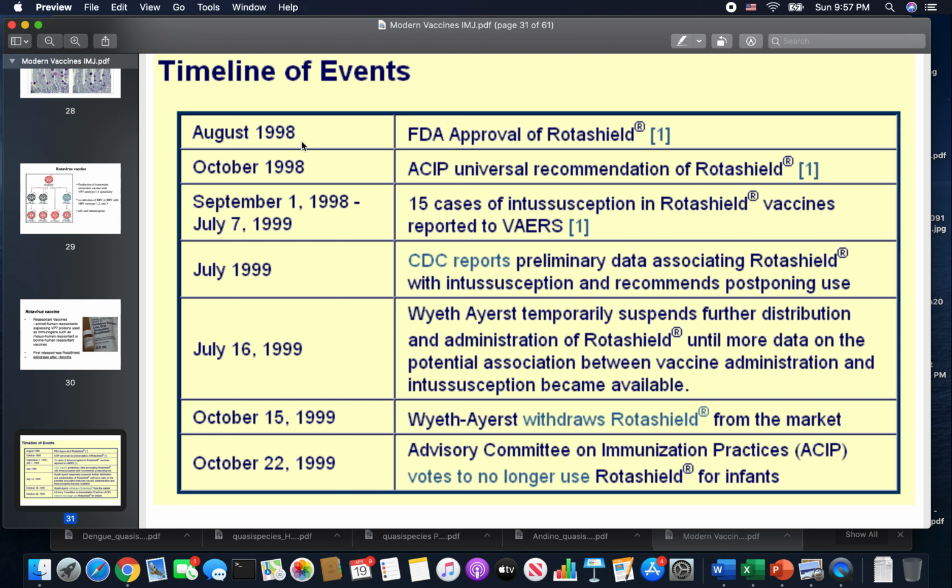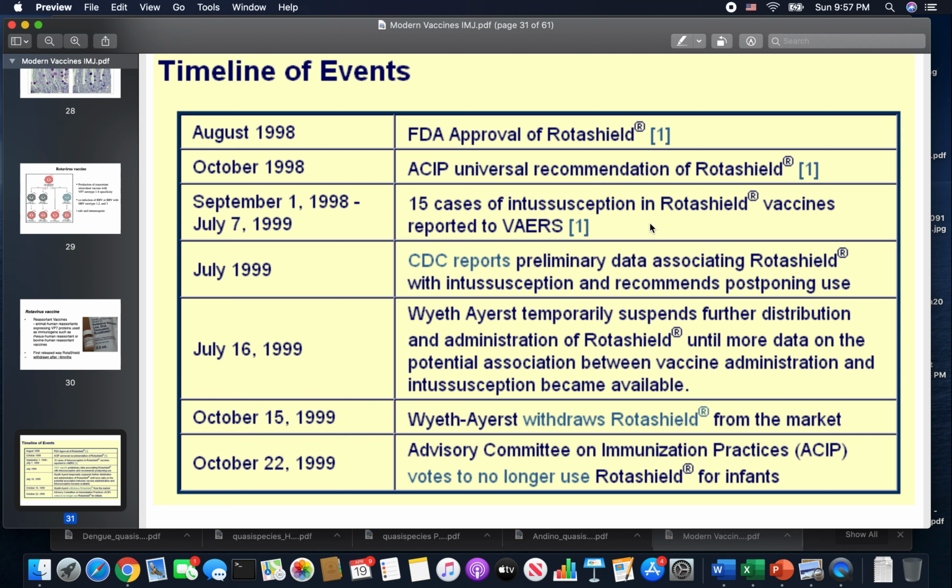Over the first few months of use, from September 98 to July 99, millions of people are treated, including a lot of infants. But 15 of those infants develop a condition called intussusception. Intussusception is when the small intestine basically pushes into the large intestine, and the large intestine is backed up around it.